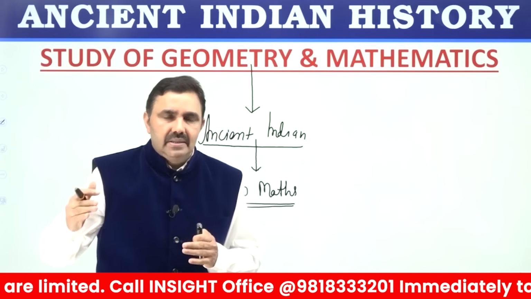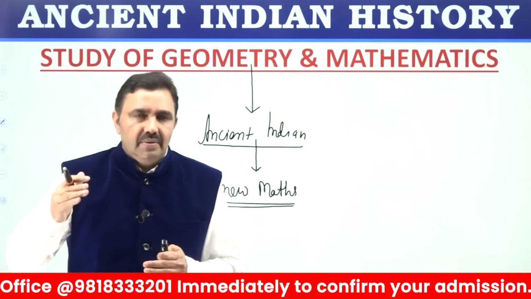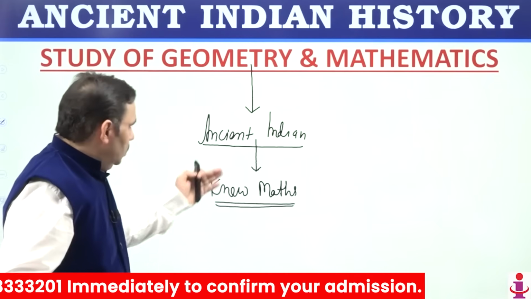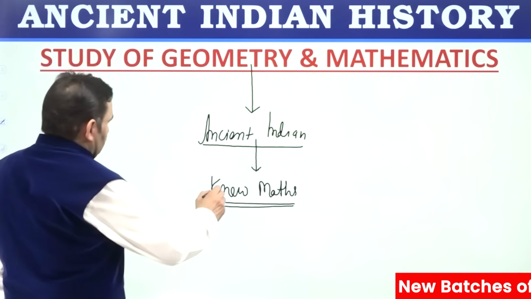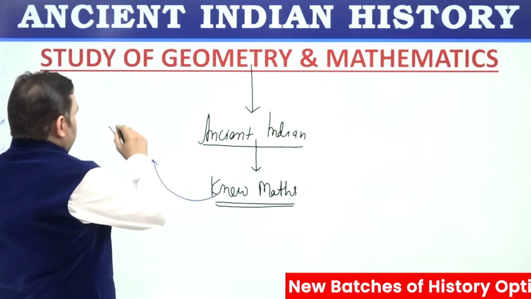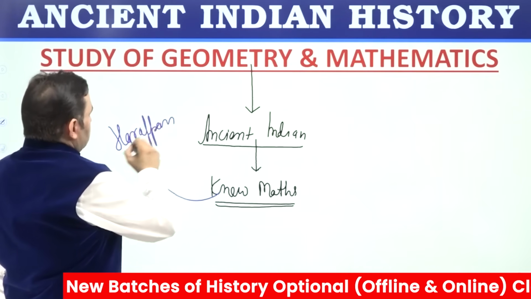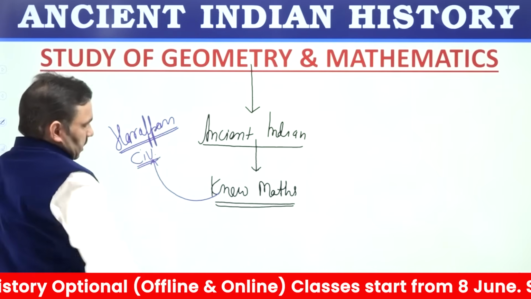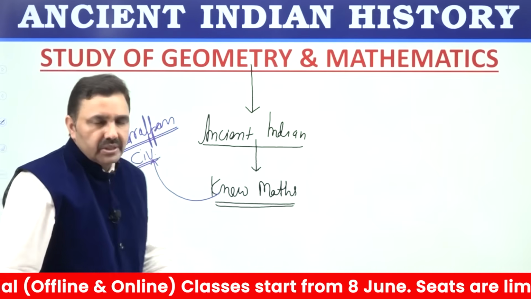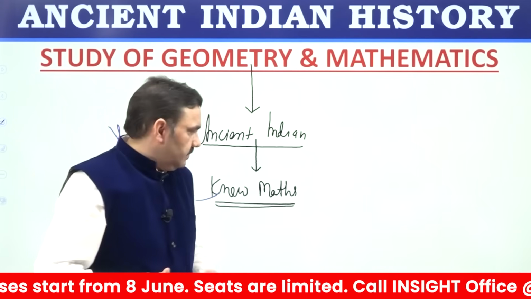They knew parallel lines, angles, squares, and rectangles. So knowledge of mathematics was there in India during ancient times, in the age of the Harappan civilization also. This knowledge is not in written form today because we have not discovered any book belonging to Harappan people. The Harappan script found on seals has not been deciphered so far.